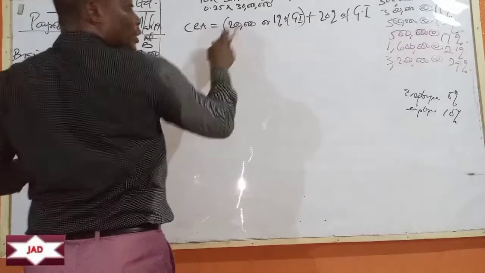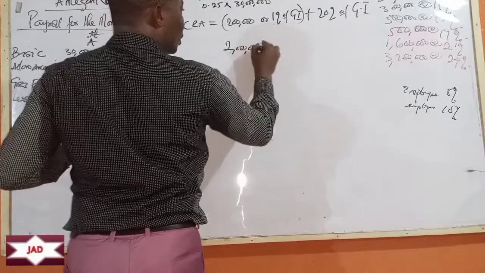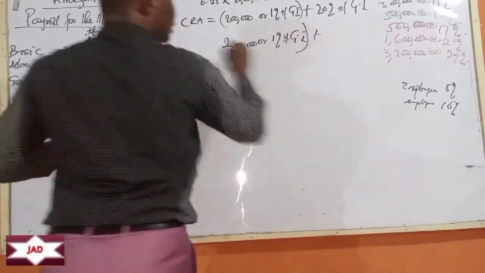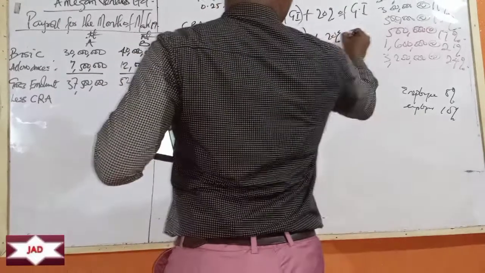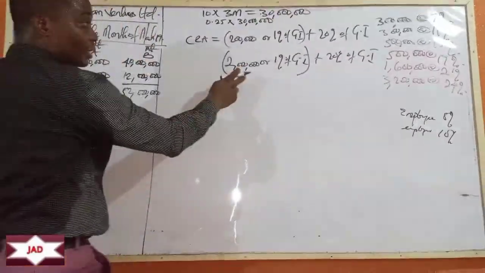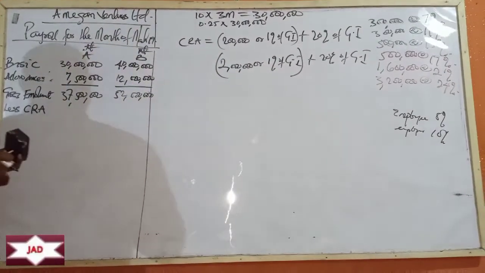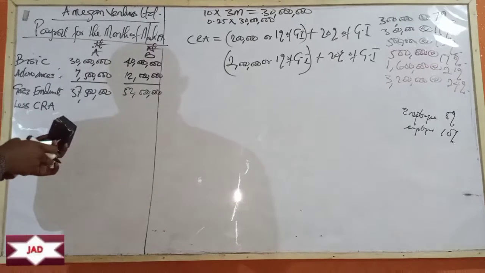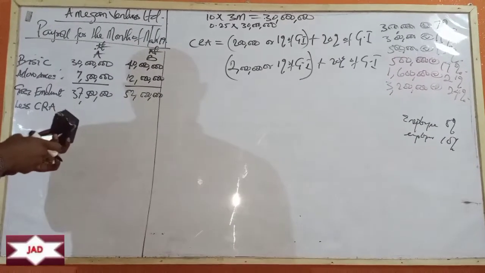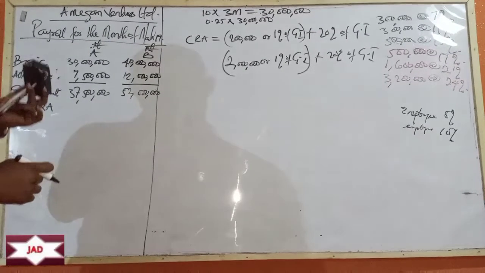So now, if you're doing for 10 people, that means this is going to be 2 million, or 1% of gross income plus 20% of gross income or gross emolument. So what do you have here? If you do 1% of gross income here, 37,500,000 times 0.01, that's 375,000.